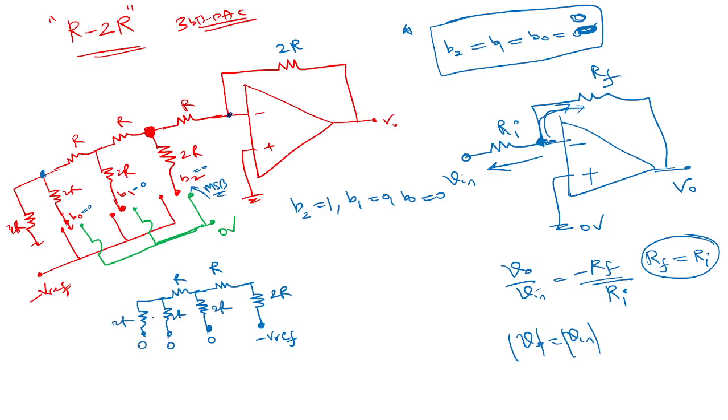Okay, this is 2R. Now 2R, 2R in parallel, so you will get R. R and R in series, you will get 2R. 2R and 2R in parallel, again R. R and R in series, again 2R. So effectively what you are going to get is this. Let me erase this right part.